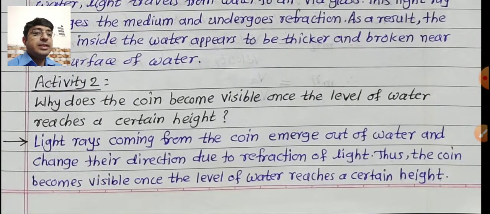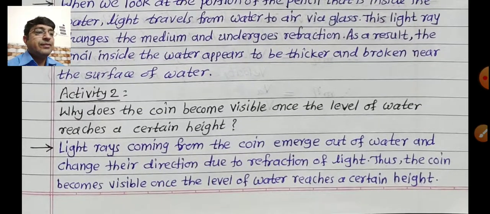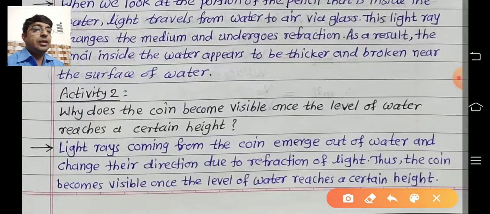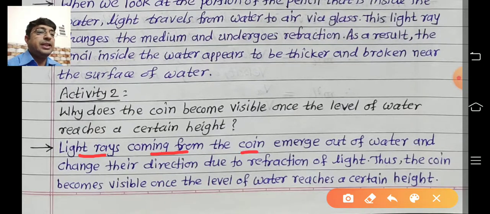The answer of the second activity: why does the coin become visible once the level of water reaches a certain height? Light rays coming from the coin emerge out of water and change their direction due to refraction of light.